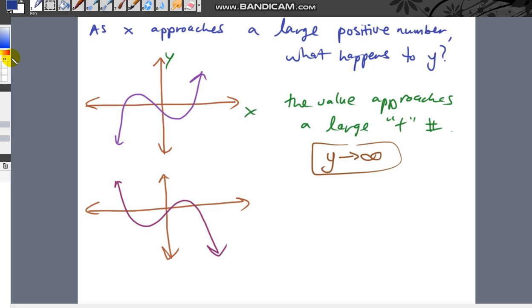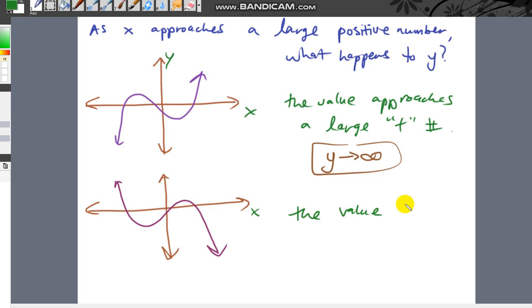Okay, now let's say I ask you the opposite. For this graph, as x gets really, really big, what's happening to the y values? To answer this question, it's going to be the opposite. Where do you think the y values are going? Is it going up towards positive infinity, or is it going to go down?